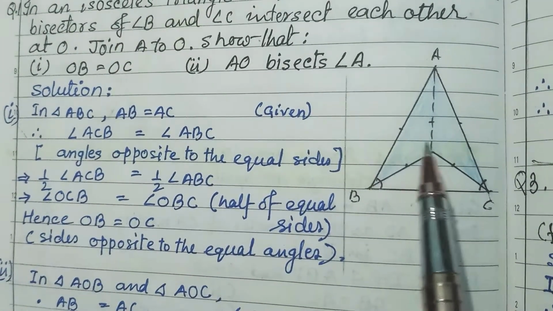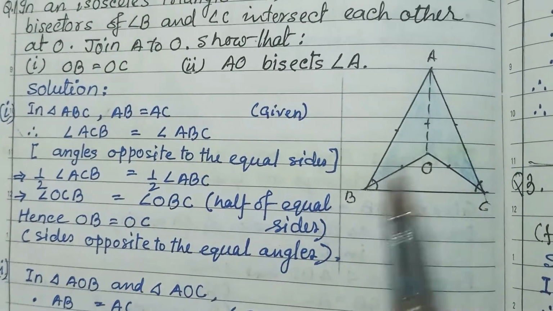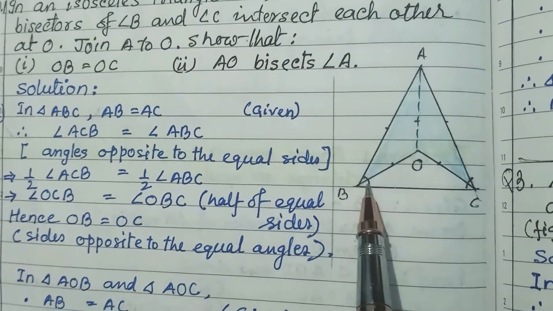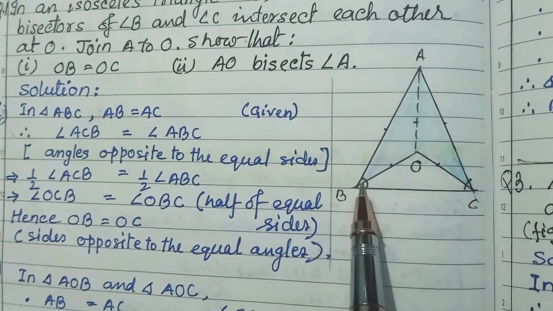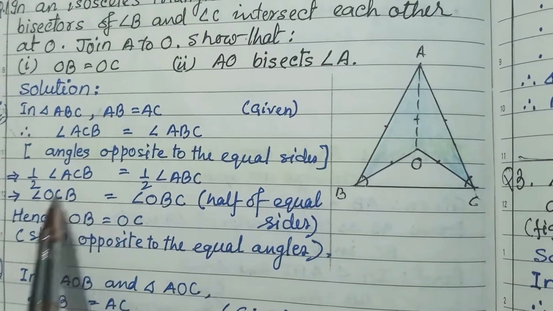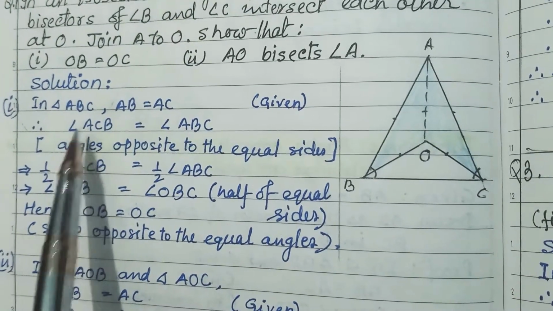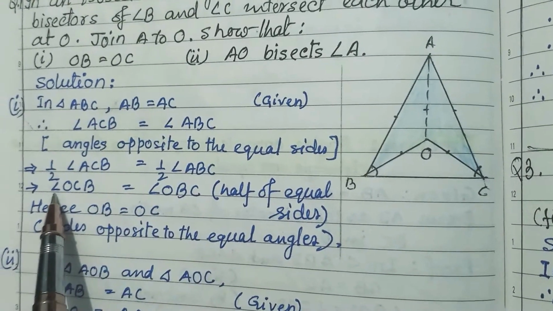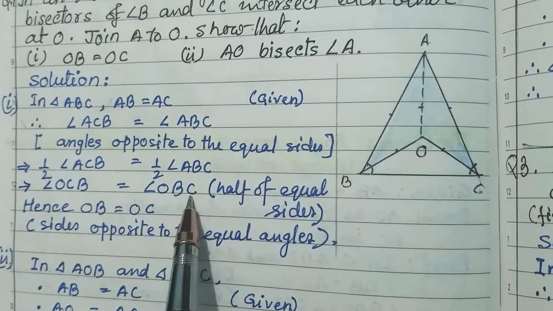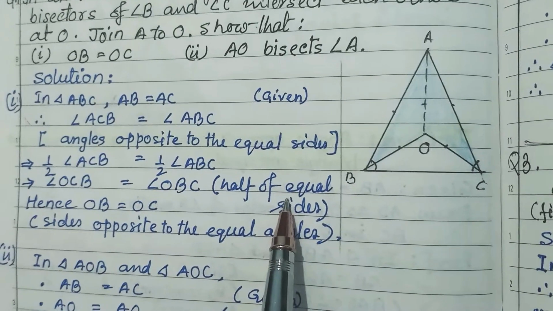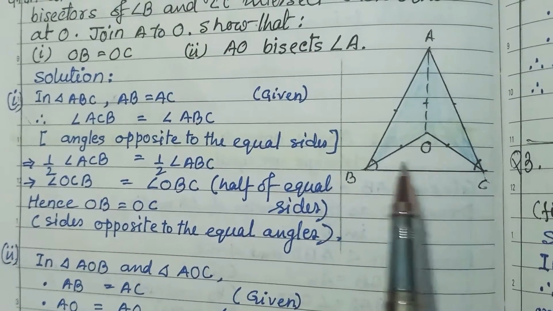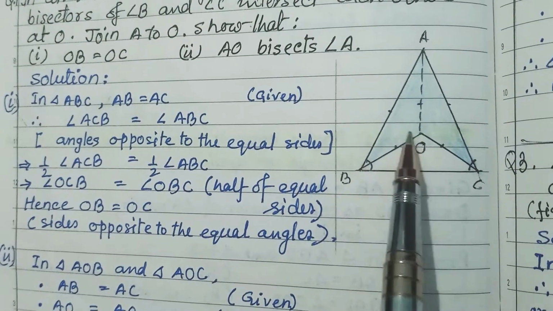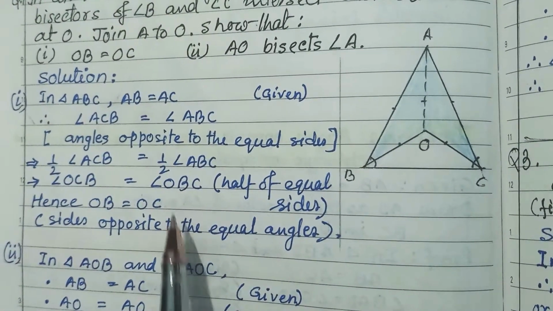Therefore, the angle opposite to AB, which is angle C, is equal to angle B. Now take half of angle C and half of angle B. That is, angle OCB and angle OBC are equal. Now sides opposite to the equal angles are equal. Therefore, OB is equal to OC. That is the first part.